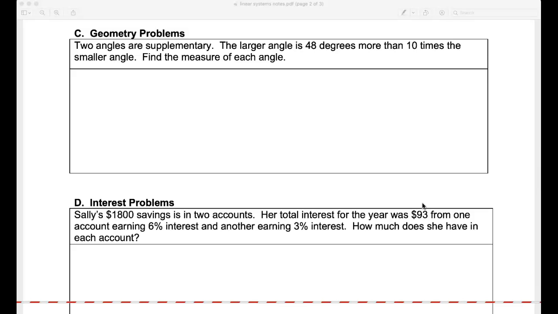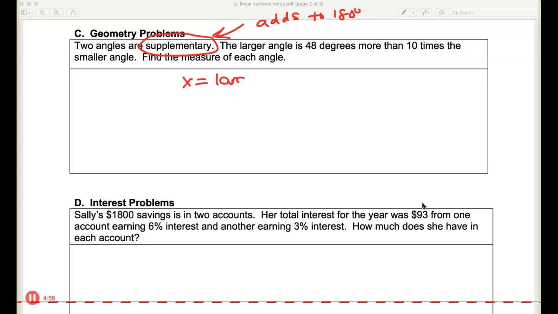All right, geometry. Two angles are supplementary. Does anybody remember what supplementary means? Supplementary means adds up to 180. So the larger angle is 48 degrees more. Let's let x be the larger angle and y be the smaller angle.